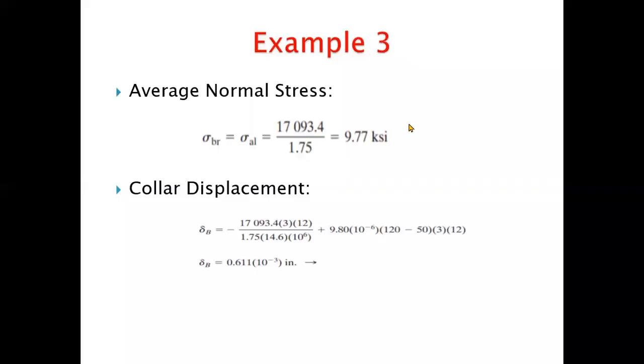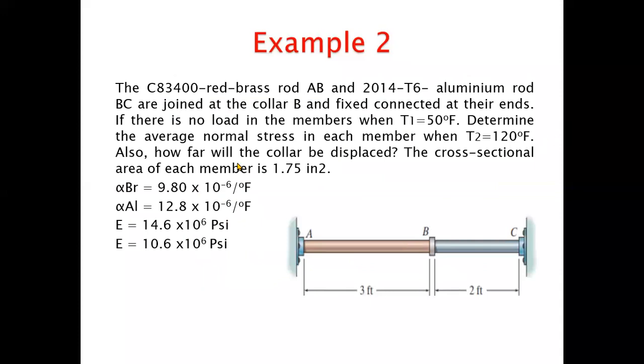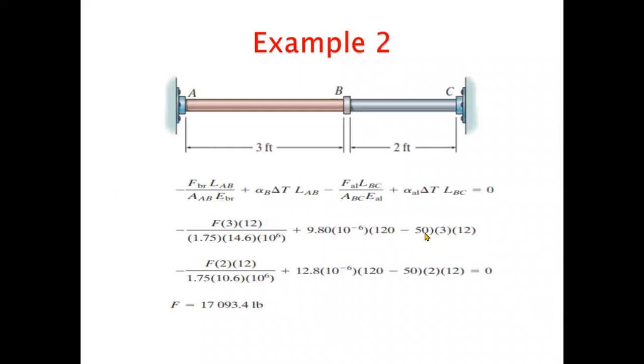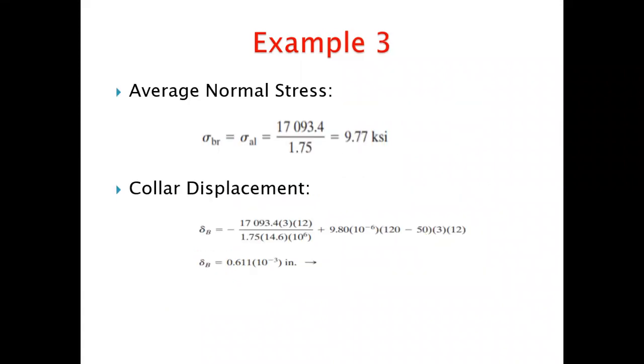So our target was to determine the average normal stress in each member at this temperature, and also how far the collar will be displaced. For normal stress, what is the formula? Stress equals load per unit area, or force per unit area.